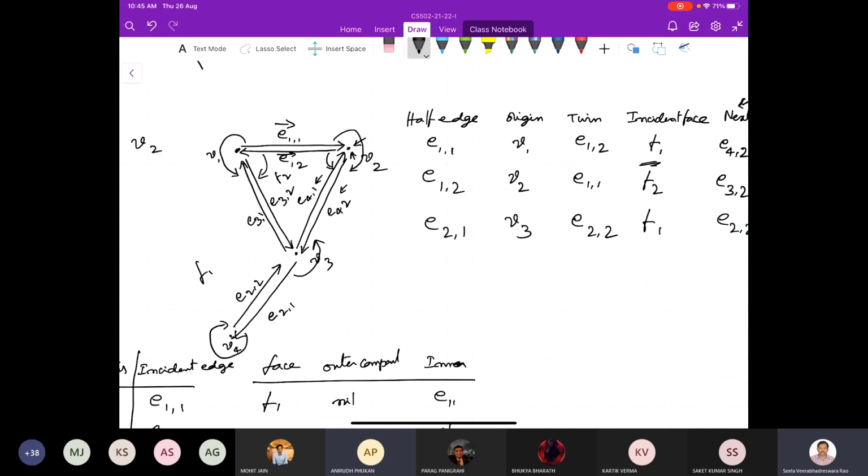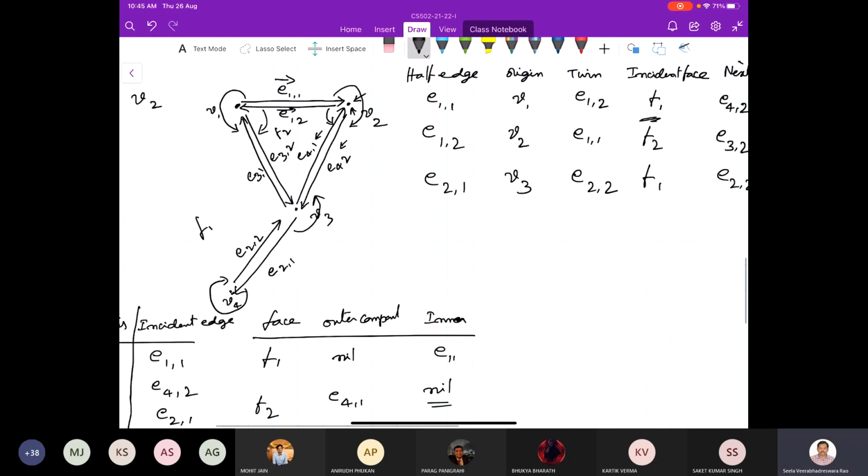Sir, we can take the outer component and traverse next. And then the inner component, the same thing. See, when you want to output the boundary of a face F1, from the face record we can get one edge incident on the inner component and the outer component, one for each component.